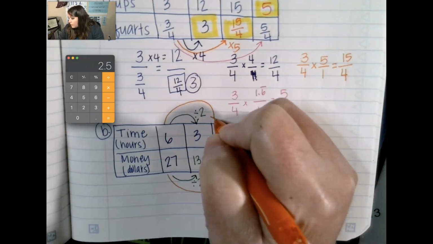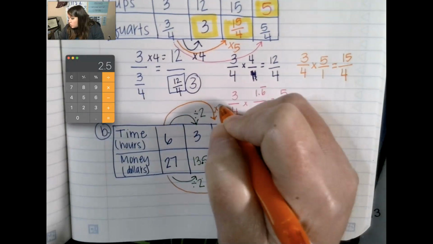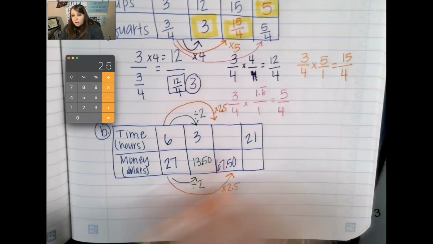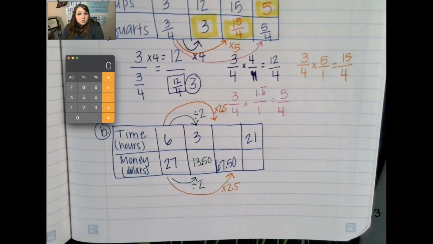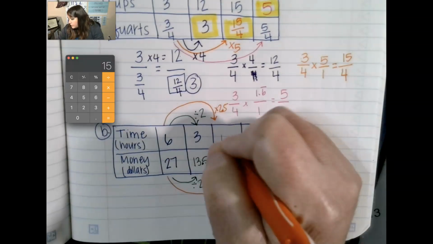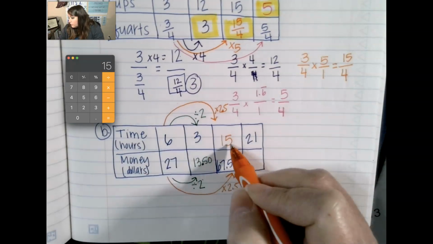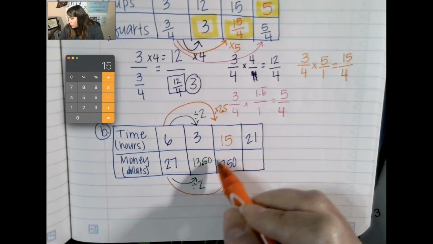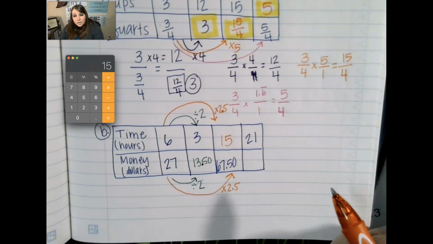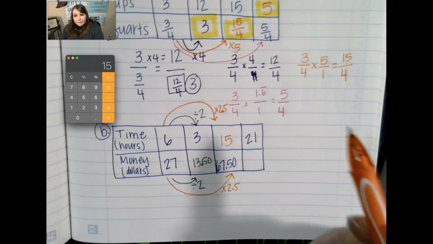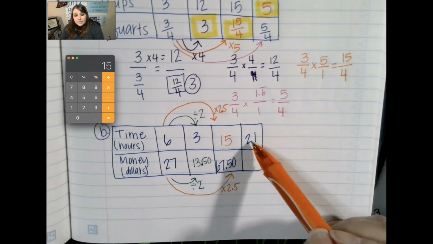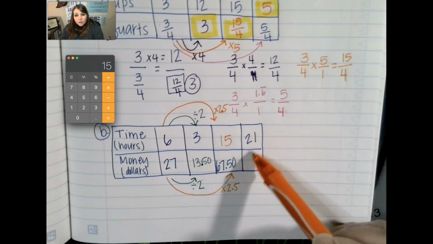So I'm going to go up here and multiply by 2.5. So 6 times 2.5 equals 15. So when I work 15 hours, I then earn $67.50.